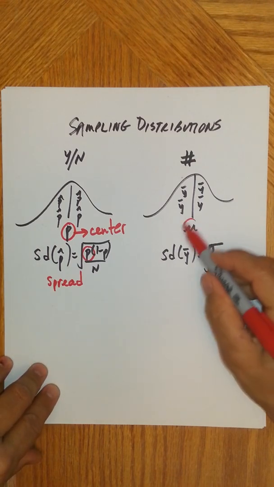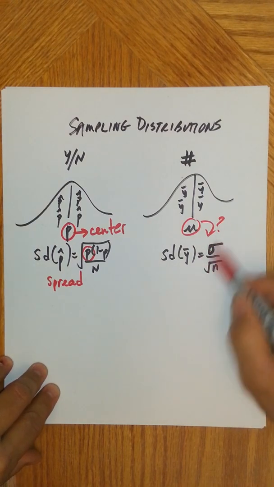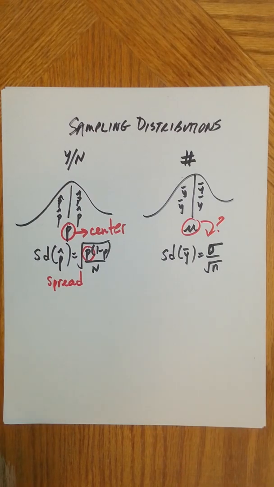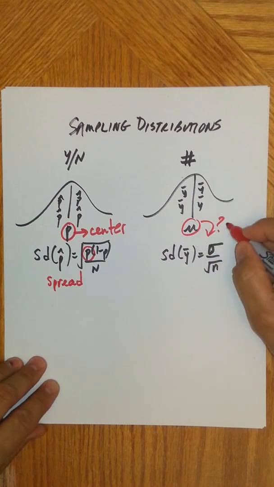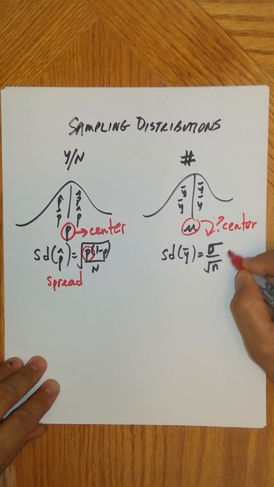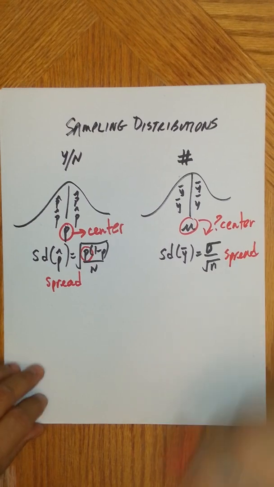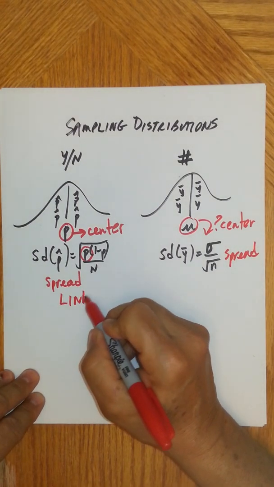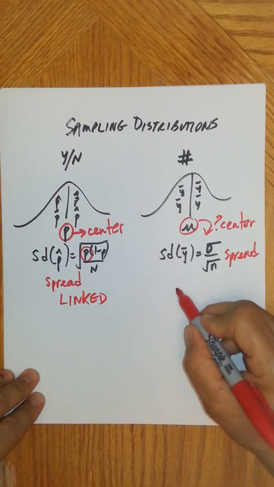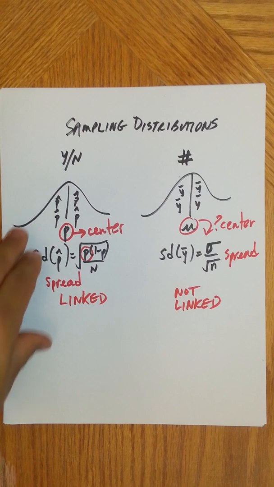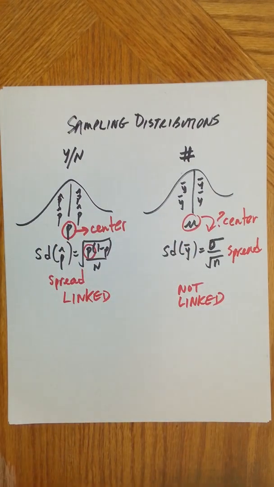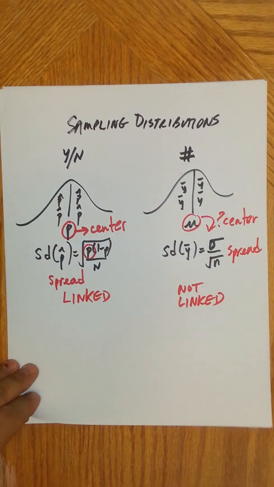But here, do you see mu in its own measure of spread as far as the sample means go? No. So that means the center here and the spread are not linked. So these are linked. These are not linked. So these move together, these move independently. And because of that, you have a lot more error, especially when you're talking about small samples.